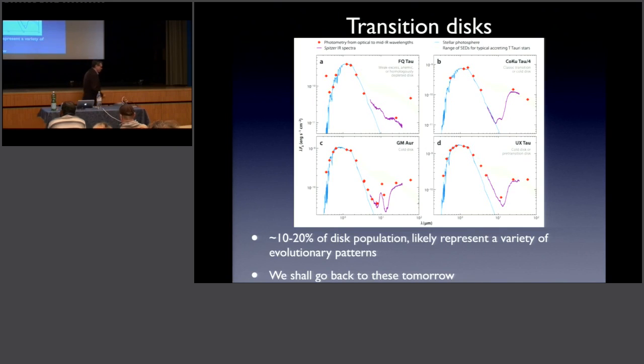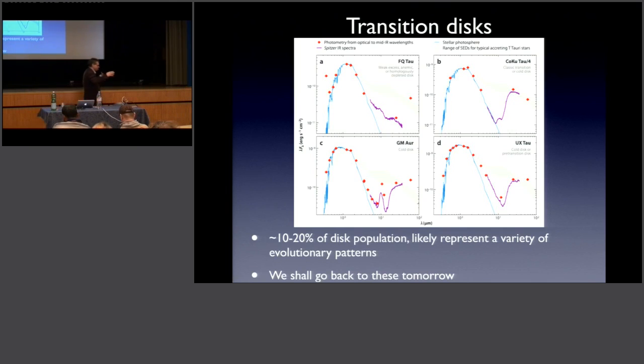Typically, they account for 10 to 20% of the disk population. So 10 to 20% of the class 2s, not of the entire population, okay? And this means that it is a relatively fast phase.